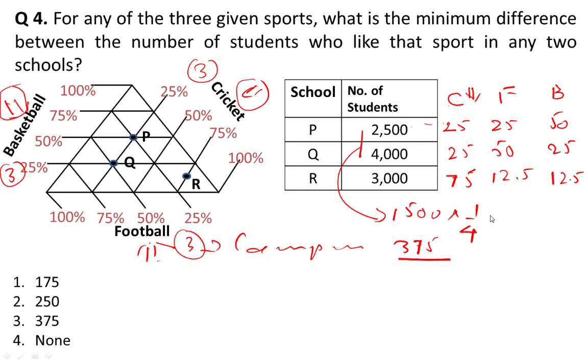So 375 is the difference. Now where we are? Here P and Q, the difference is 375. So this is the least difference from cricket.